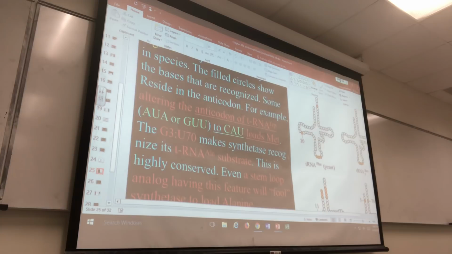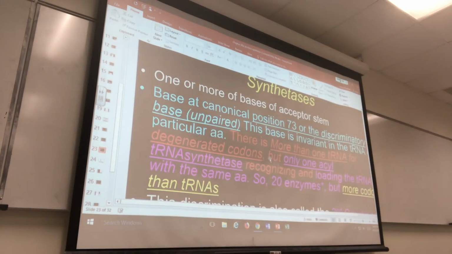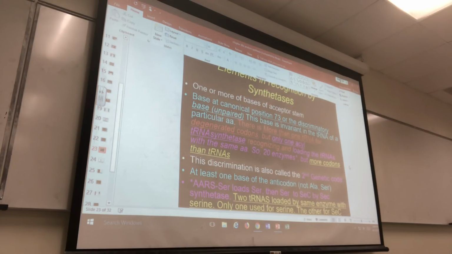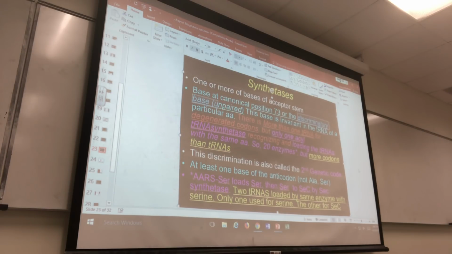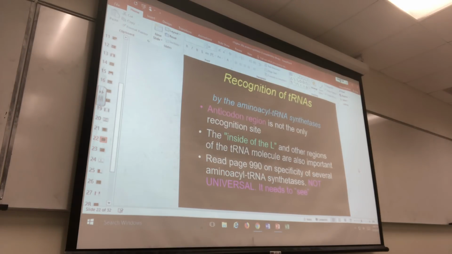All those words are listed in these couple of slides talking about the tRNA, aminoacyl-tRNA synthetase. Some bases have specific names. Base number 73 has the name discriminatory base, so that would be an answer choice, that sometimes it reads the discriminatory base. Let me see if there are other vocab words here that you need to know.